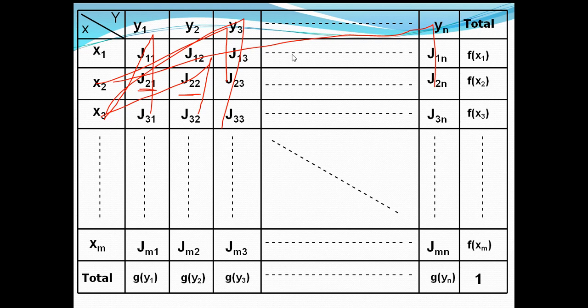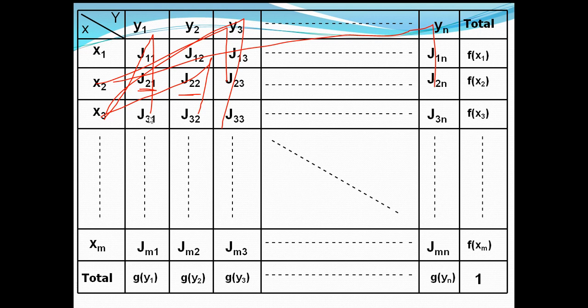Now if you add all the elements in the first row, that is j11 plus j12 plus j13 and so on, j1n, it is equal to f of x1. Adding the second row, j21 plus j22 plus j23 and so on, j2n is equal to f of x2.